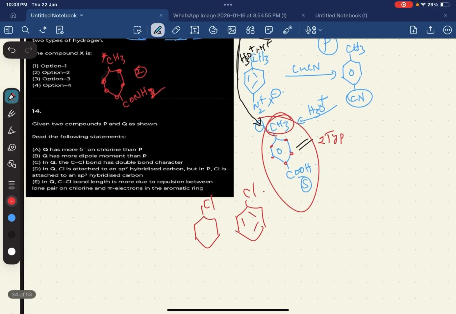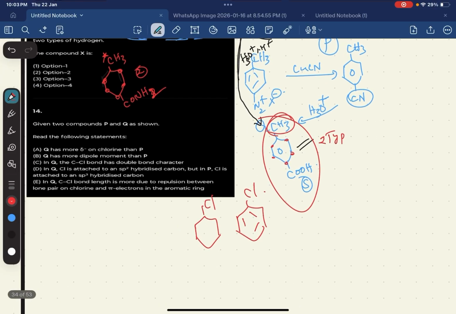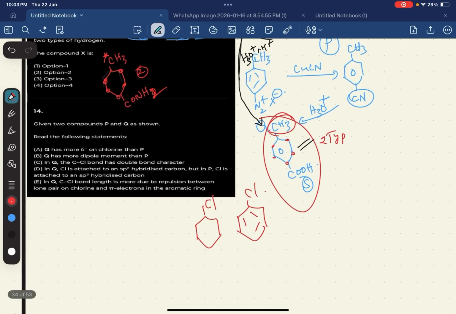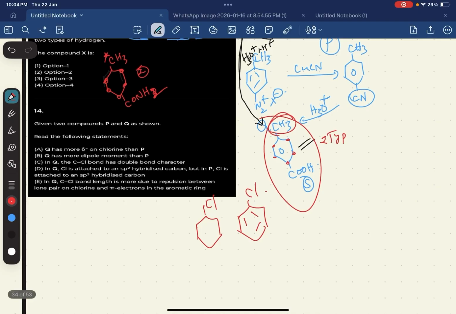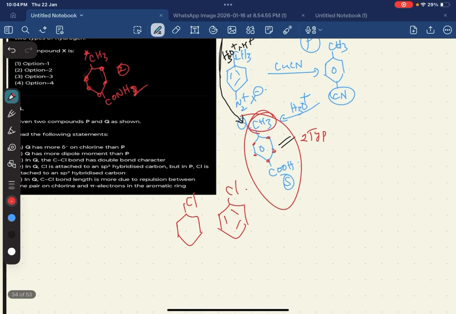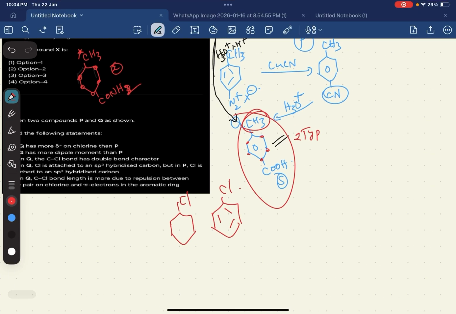Q has more charge on chlorine than P. Q has more dipole moment than P. So that is wrong, right?